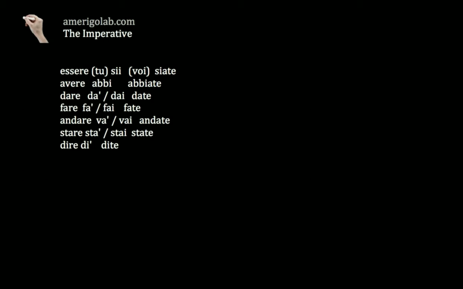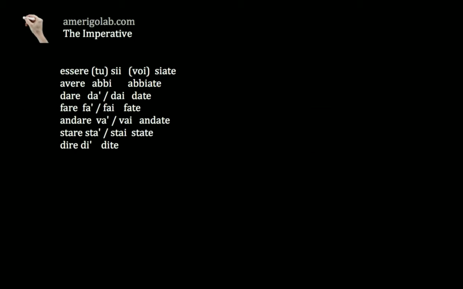So as you can see here, if you want to say be, and you talk with one person, you say sii. And if you talk to more than one person, you say siate.